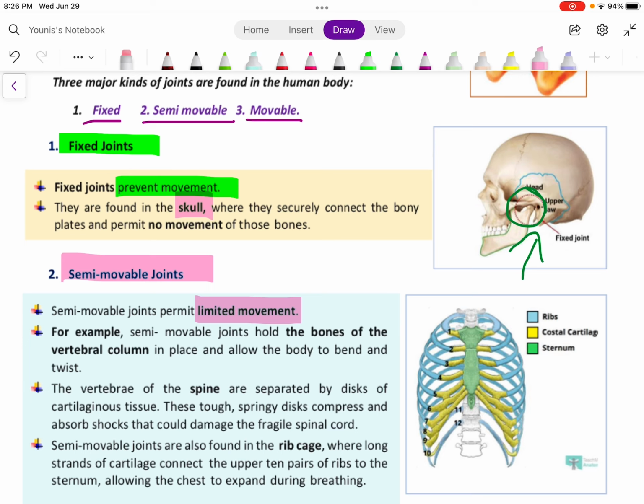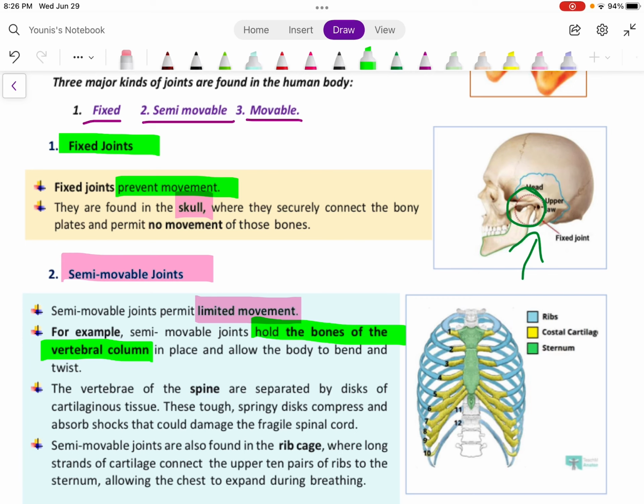Where are these types of joints located? Semi means half movable, like a little. They are moving, but with limited movement. These joints are located where they hold the bones of the vertebral column. Between the bones of the vertebral column, there are cartilaginous discs.